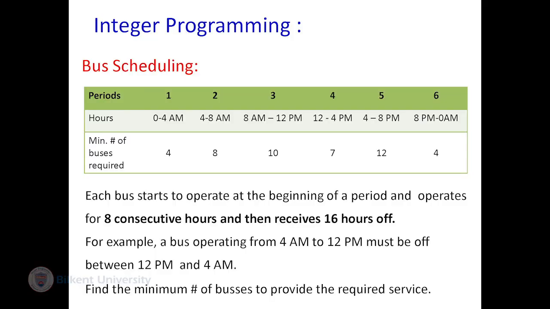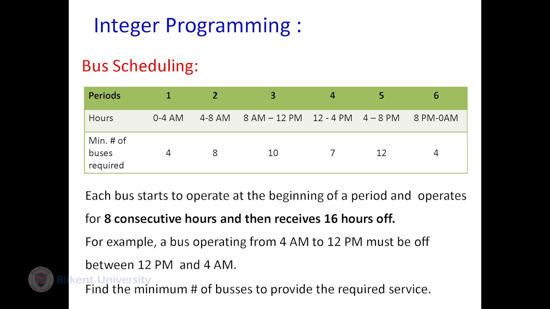This means when one starts in one period, this bus works in that period and the next period, and takes the rest of the periods off. Okay? And this is a 24-hour cycle. One cycle finishes, the other cycle starts. So today's last bus can also work for tomorrow's first period, depending on its 8-hour slot.